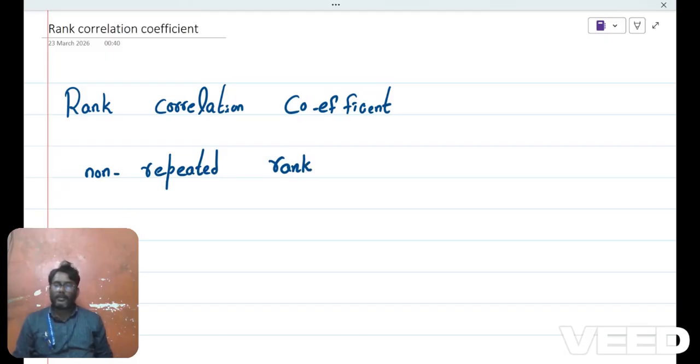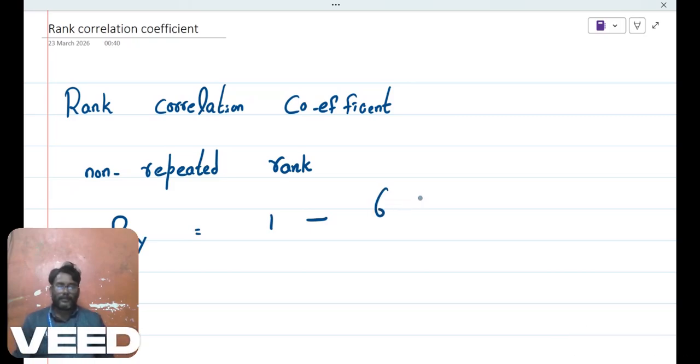The rank correlation coefficient will be denoted by rho of x comma y is equal to 1 minus 6 sigma di square divided by n into n square minus 1.